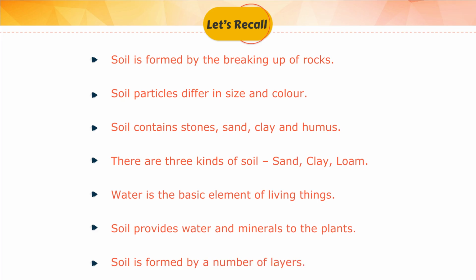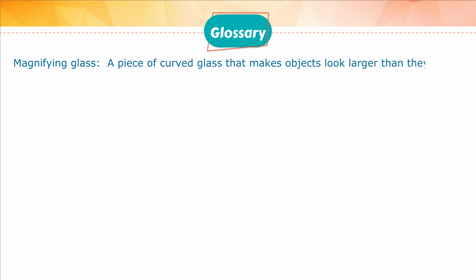Glossary. Lens. A piece of curved glass that makes objects look larger than they are. Humus. The organic matter which is made up of dead plants and animals.